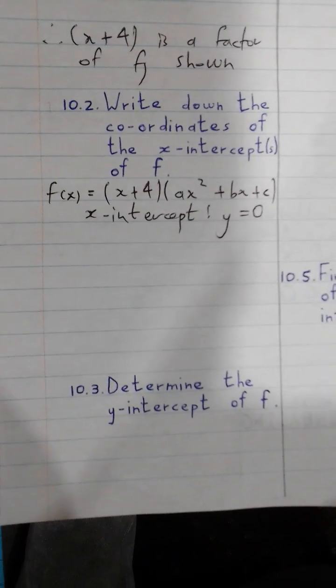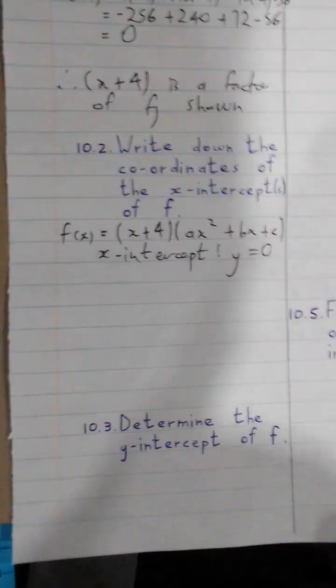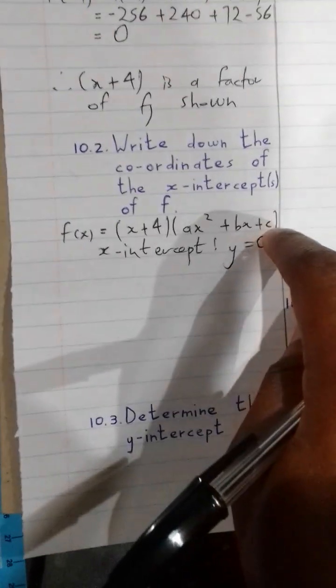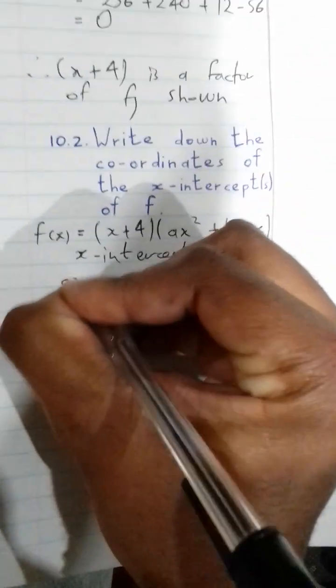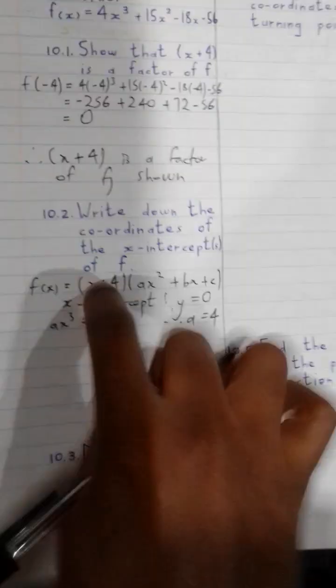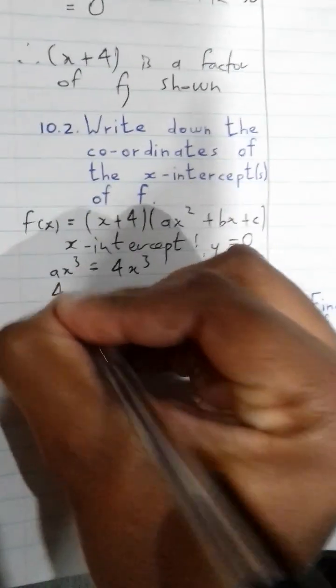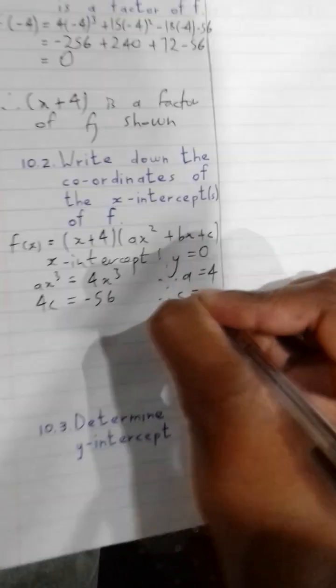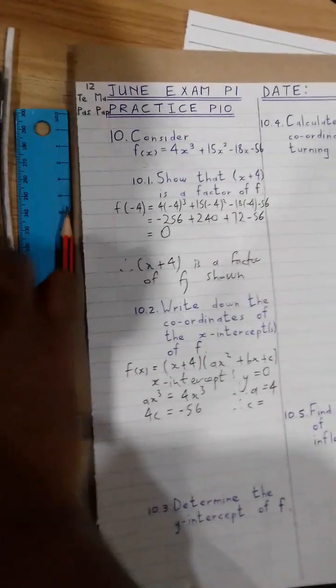So for f of x, we're going to put 0, but we first need to find the values of a, b, and c. x times ax squared gives 4x cubed, so a is 4. 4 times c, 4c is negative 56, so c is negative 14.